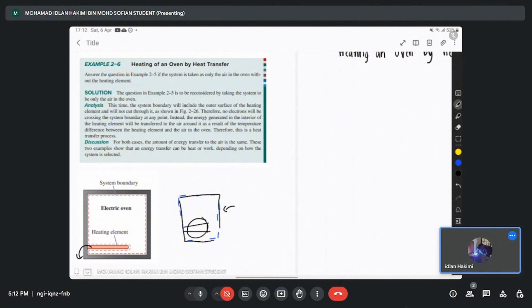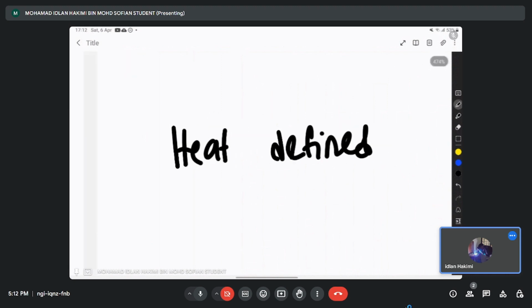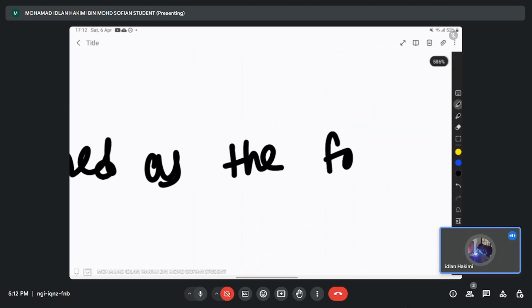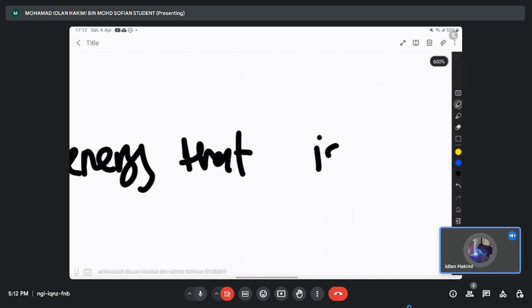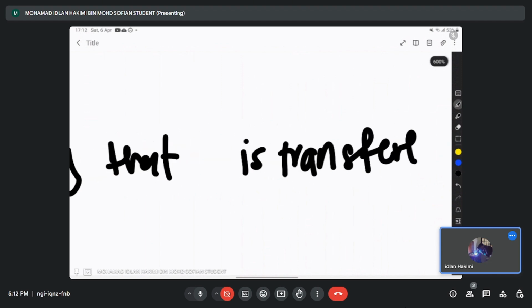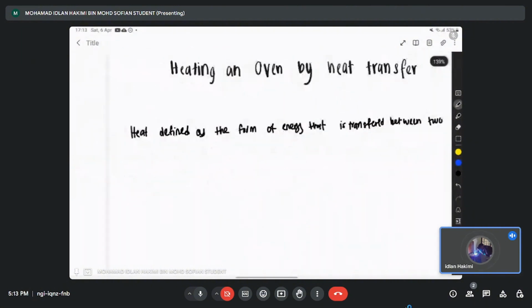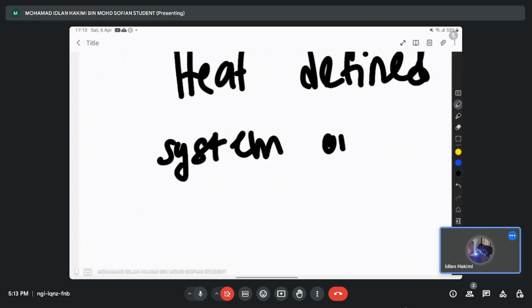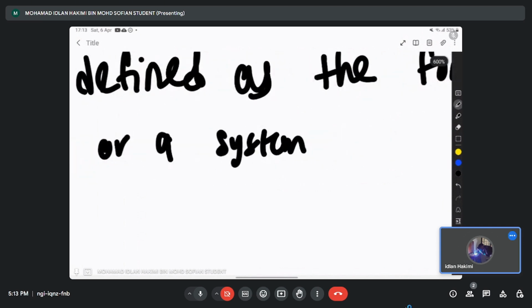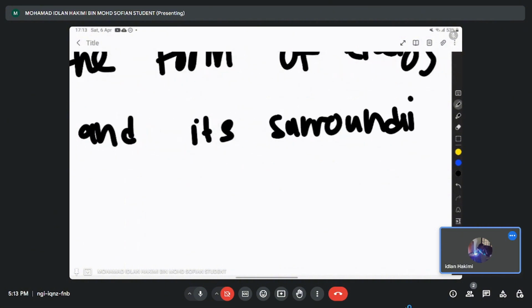Before we go through the question, we have to know what heat is. By definition, heat is defined as the form of energy that is transferred between two systems, or a system and its surroundings.